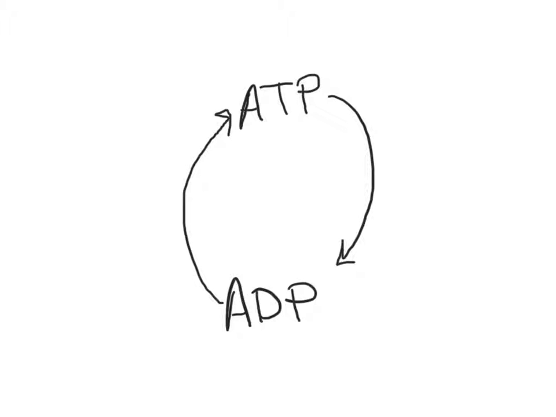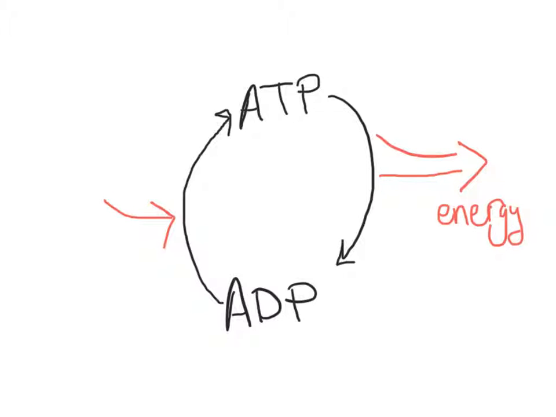Now we know from talking in the previous slide that when ATP is converted to ADP, that releases energy. And there are no free rides in life. You need to put that energy back in order to convert ADP to ATP.